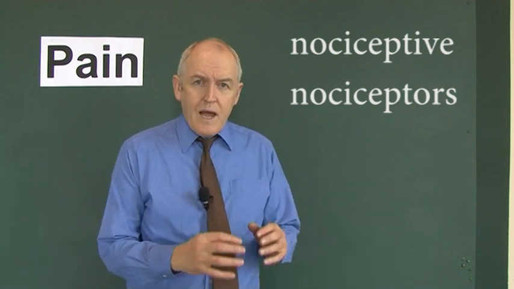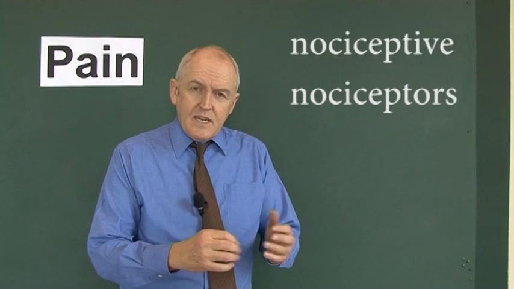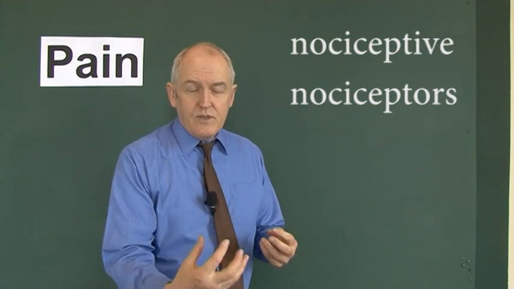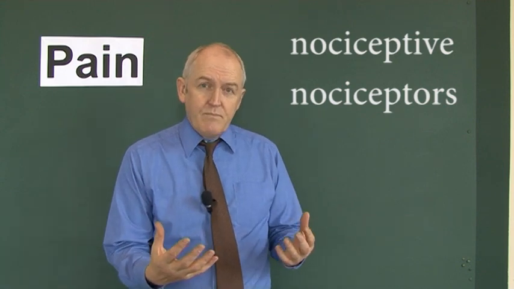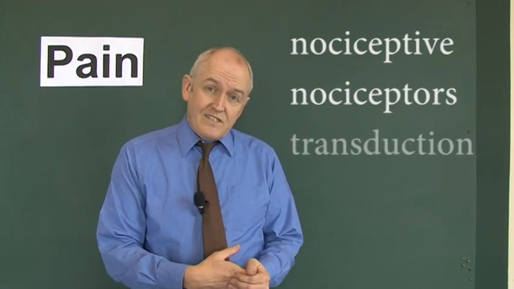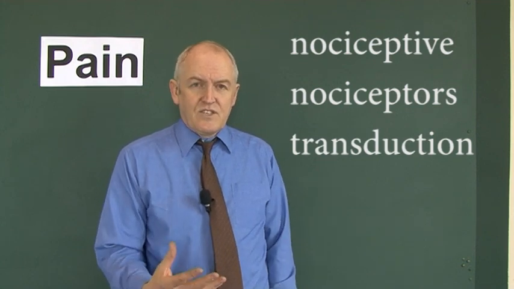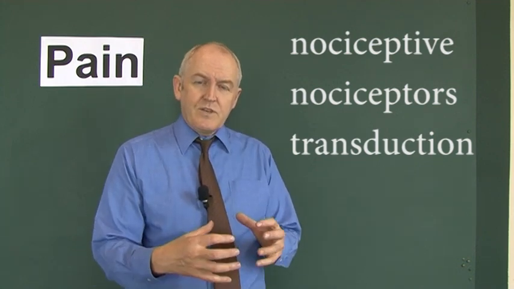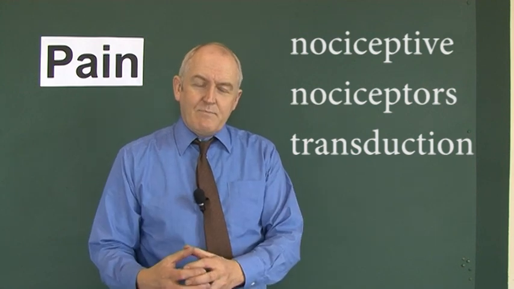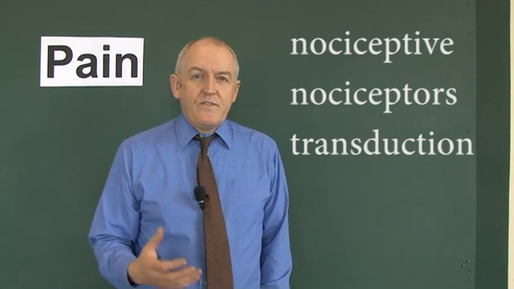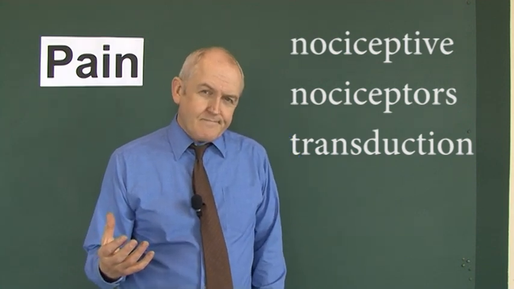And this process, whereby a nociceptor experiences an external stimulus and generates a brand new nerve impulse, is called transduction. So new nerve impulses are transduced from environmental stimuli in the nociceptors and then go off to the brain.